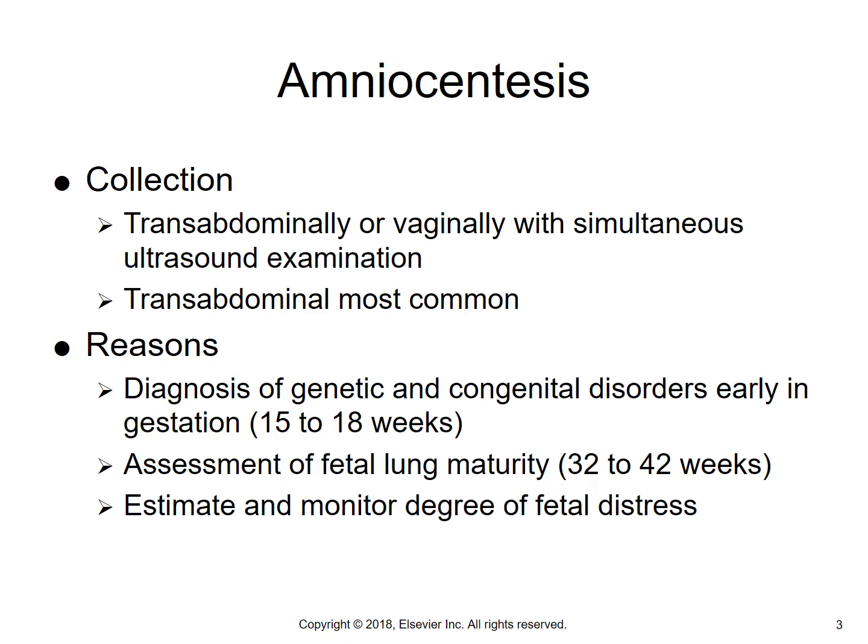So, for example, if the amniocentesis is to detect a neural tube defect or genetic abnormality, this is usually performed early in gestation at about 15 to 18 weeks, which allows enough time for the performance of chromosome and chemical studies, which can include culturing cells, as well as consideration of pregnancy termination if the fetus is determined to be abnormal, at the parents' discretion.